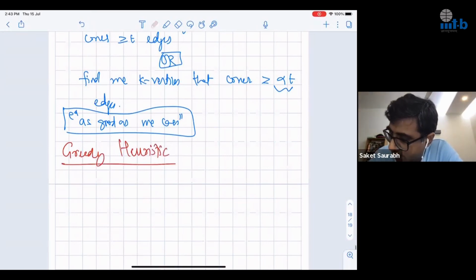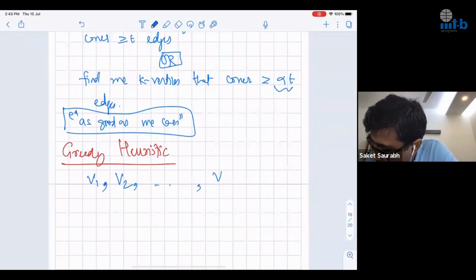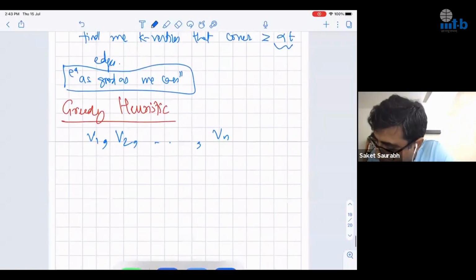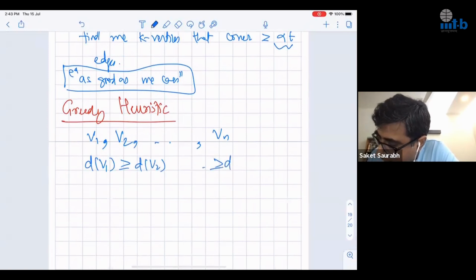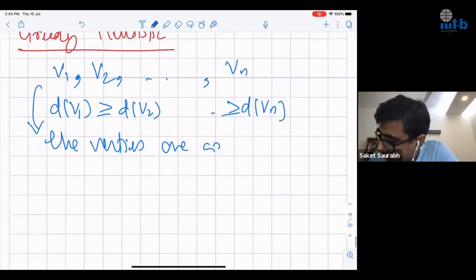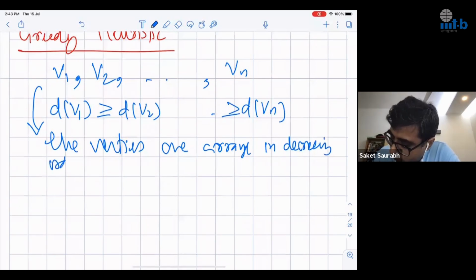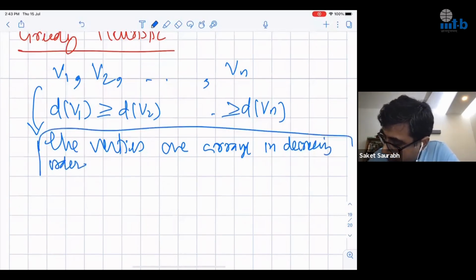What is my greedy heuristic? I arrange V1, V2, up to Vn with the following property: degree of V1 is at least degree of V2, and so on down to degree of Vn. So the vertices are arranged in decreasing order of degree. Right?